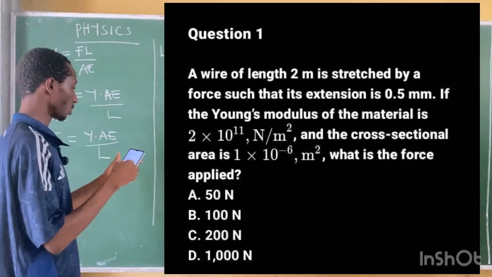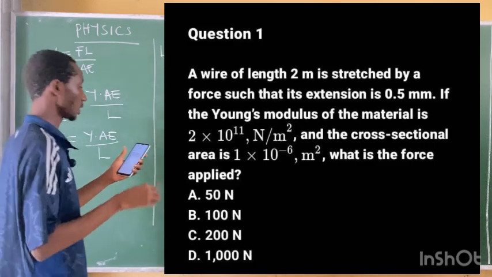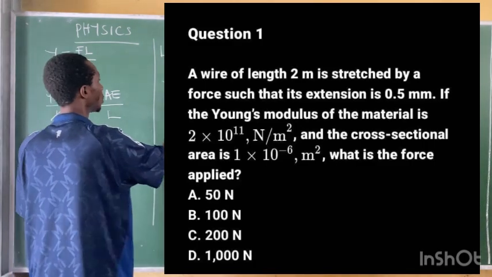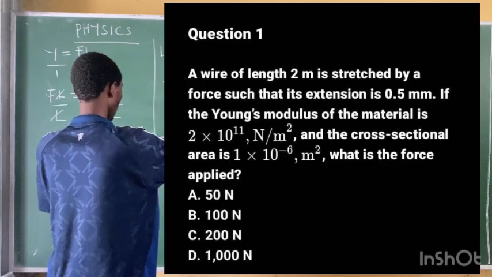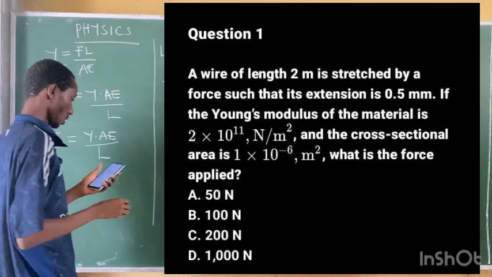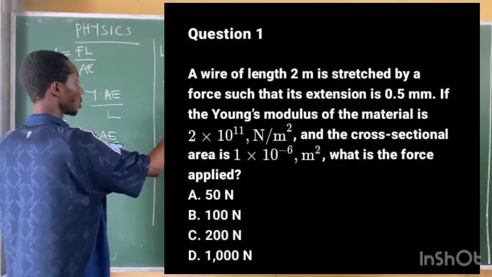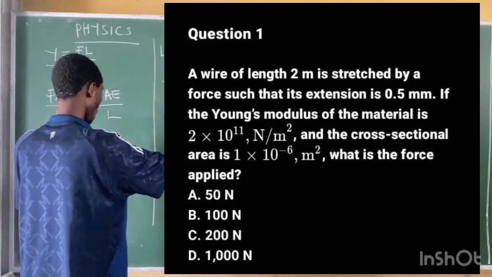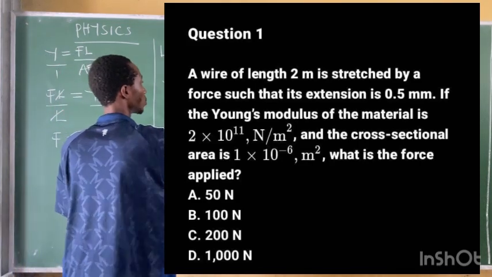If the Young modulus of the material is 2 times 10 raised to the power 11 Newton per meter square, so they give us Young modulus Y to be 2 times 10 raised to the power 11 Newton per meter square. And the cross-sectional area, they give us area to be 1 times 10 raised to power minus 6 Newton per meter square.